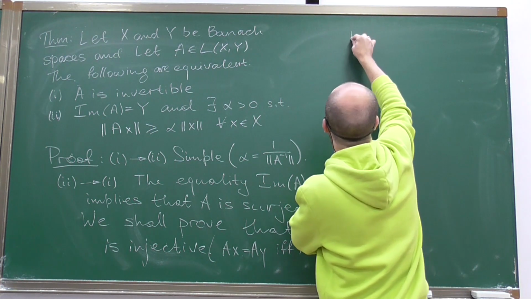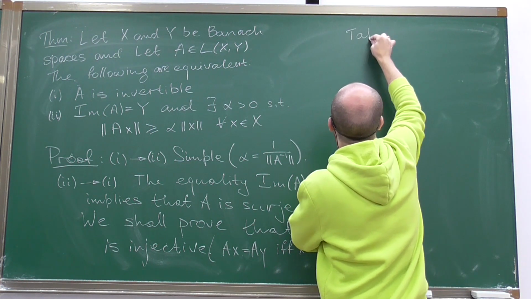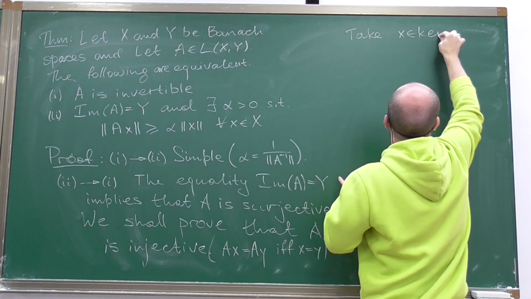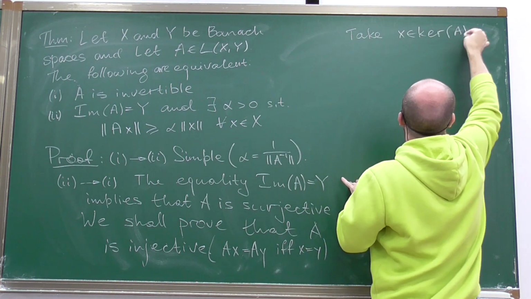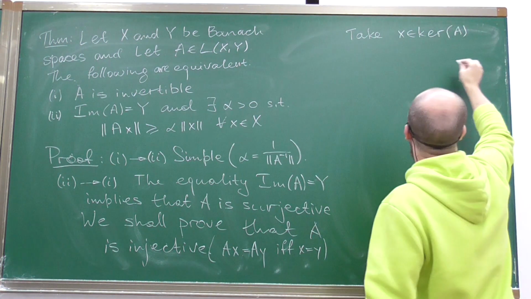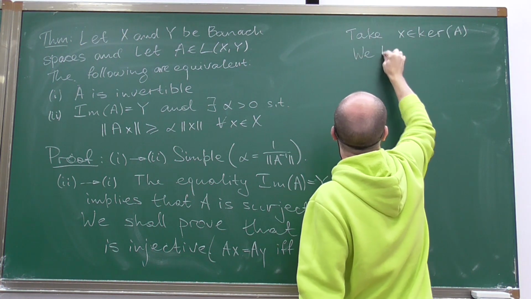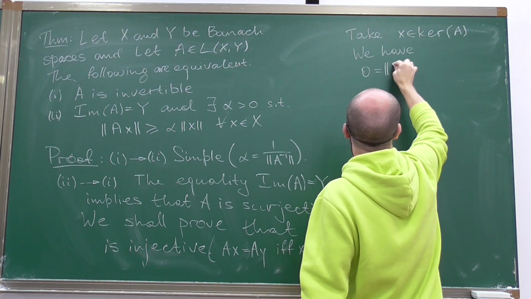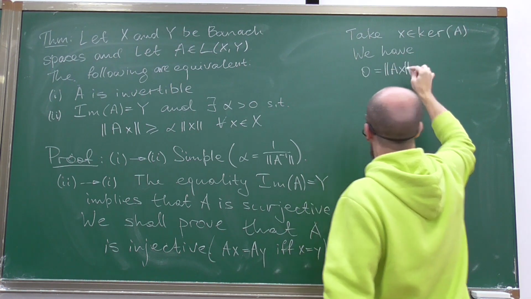So let us take an element from the kernel of A. Since it's from the kernel, A of x is 0. In particular, the norm of A of x is 0.